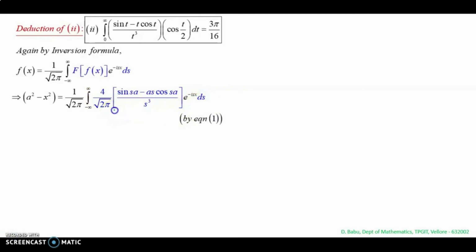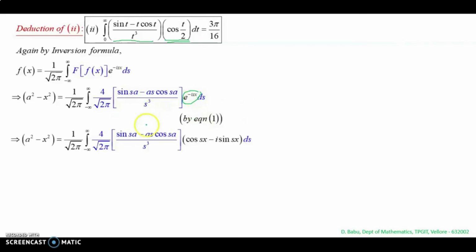Note that this bracketed term is similar to that bracketed term, but here it is e power minus isx, and there it is cos of t by 2. So from e power minus isx we need cos sx. Note that e power minus isx can be written as cos sx minus i sin sx. But what term do we need?